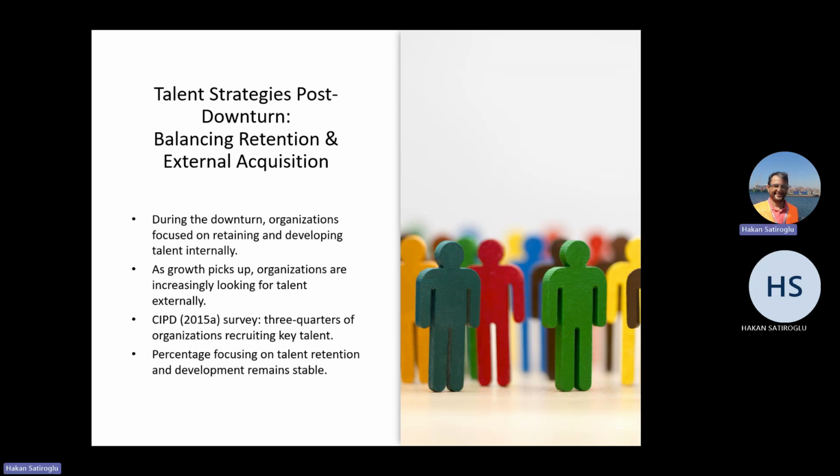So CIPD, one of the professional institutions, did a survey: three quarters of organizations are recruiting key talent. They create a campaign, bring in a recruitment team, and ask for talent acquisition.